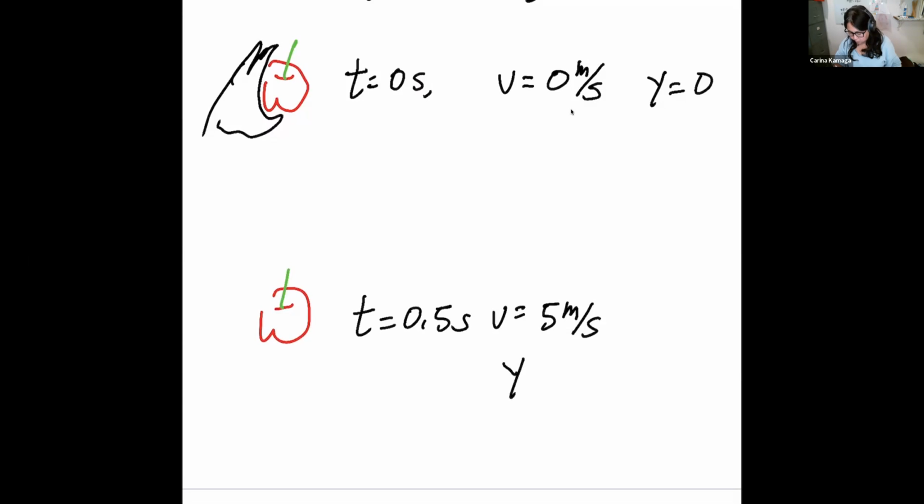How much did it travel? That equals 1/2 times g t squared.